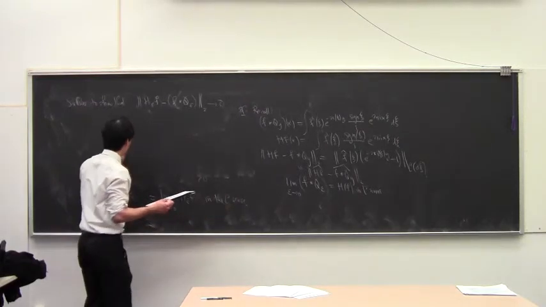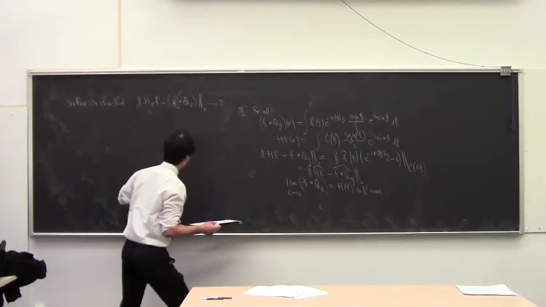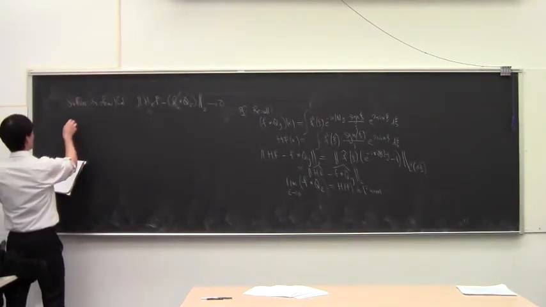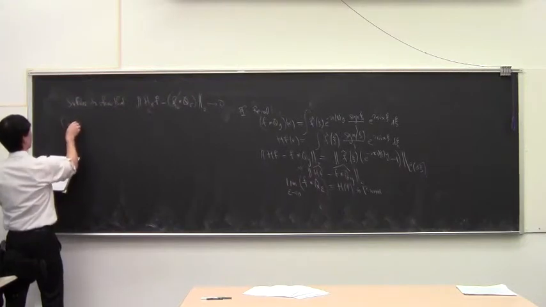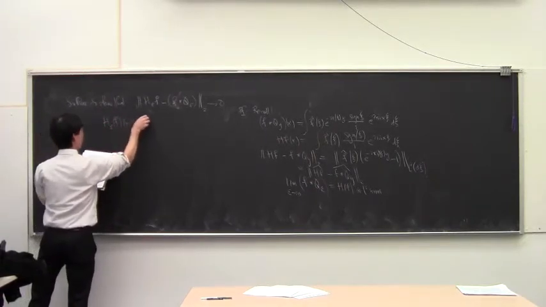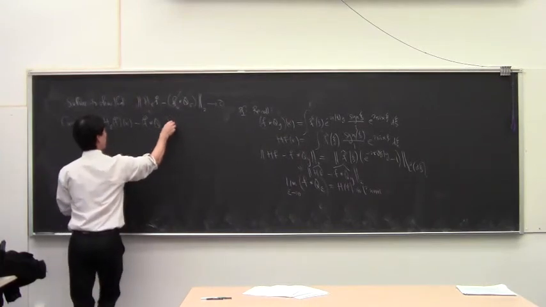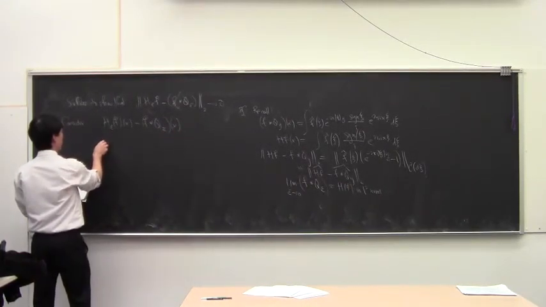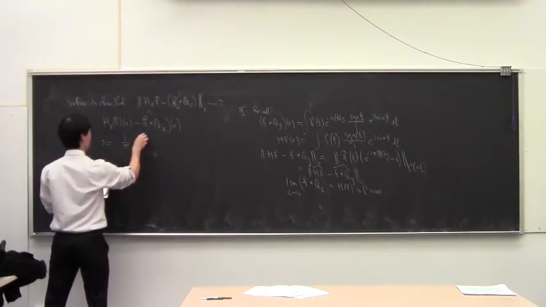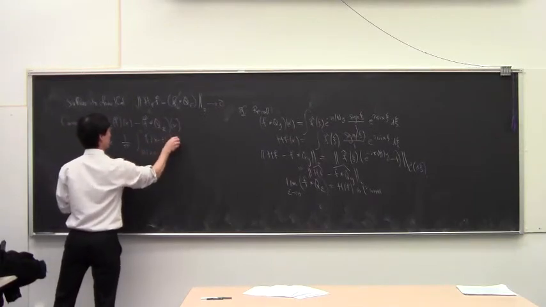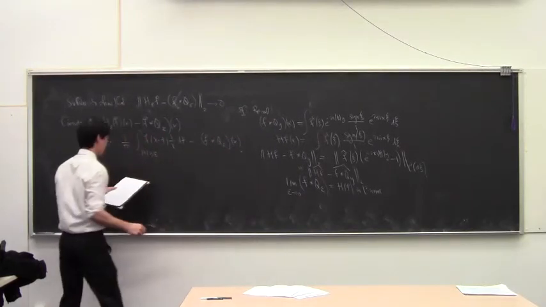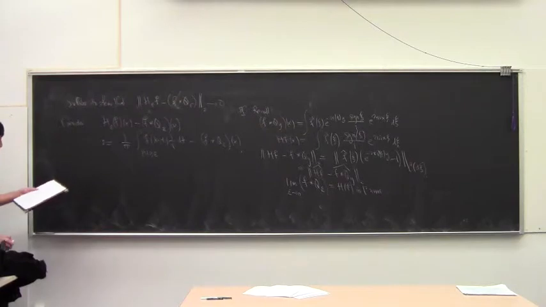Okay. So let's look at it. Let's consider this thing. Well, by definition, this is the integral of f of x minus t times 1 over pi t minus q epsilon of t. Of course, by definition.